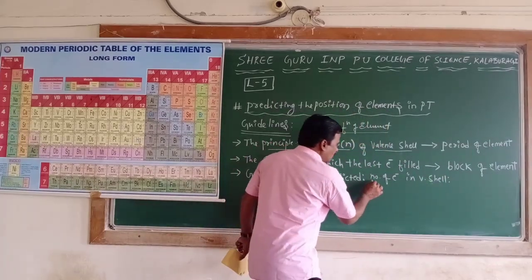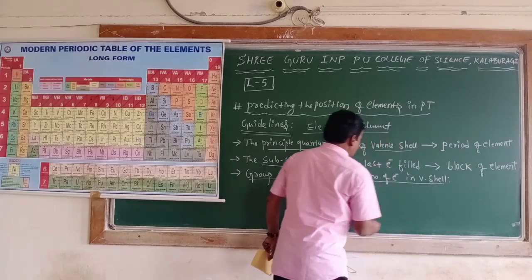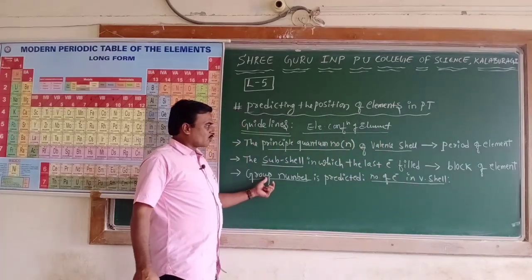From the total number of electrons in the valence shell, we can predict the group number.